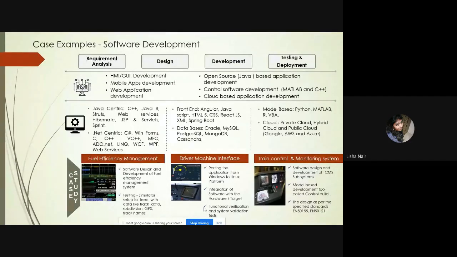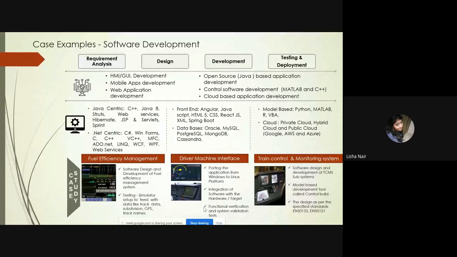So you know, Java 8, Java Struts, even .NET centric. These were the different software technologies, I mean the languages, that we are trying to implement in the current displays. That was one, and there was a driver machine interface.